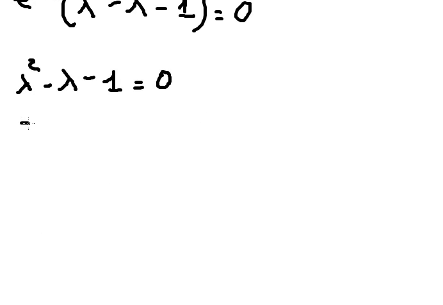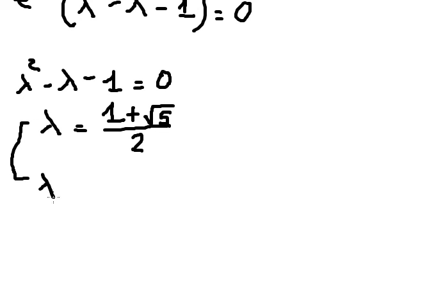So we got lambda equals 1 plus the square root of 5 over 2, and lambda equals 1 minus the square root of 5 over 2.